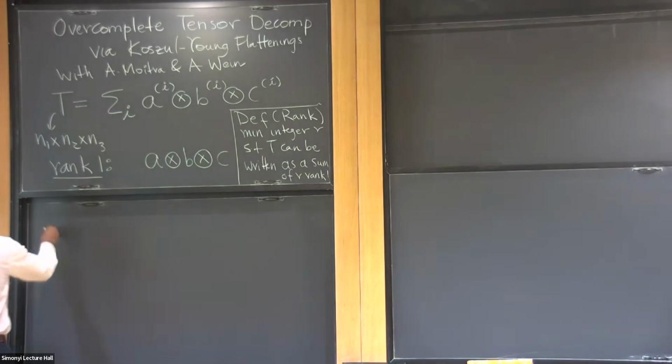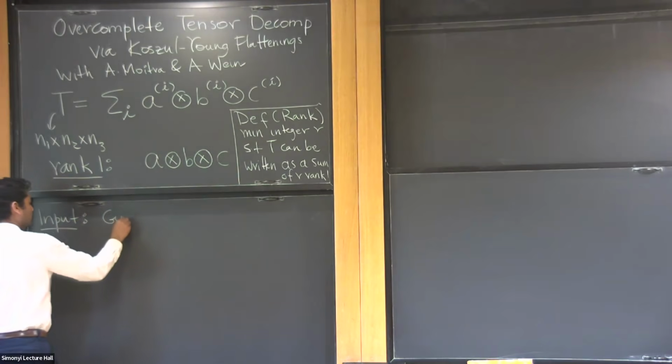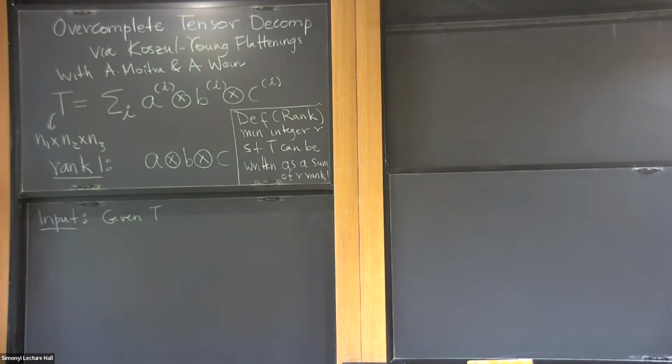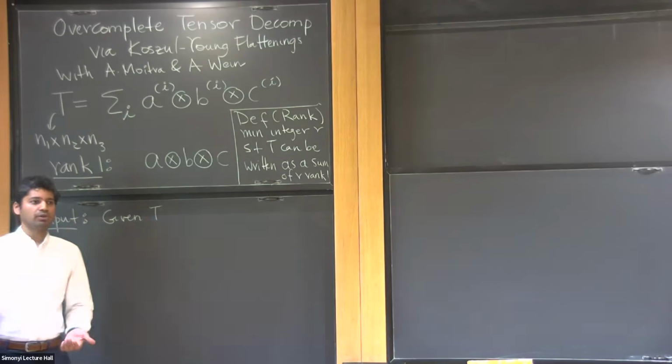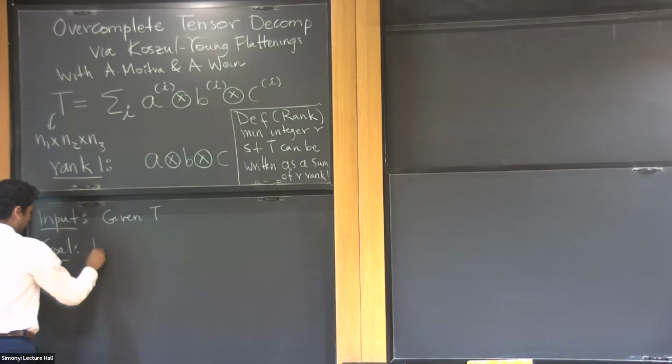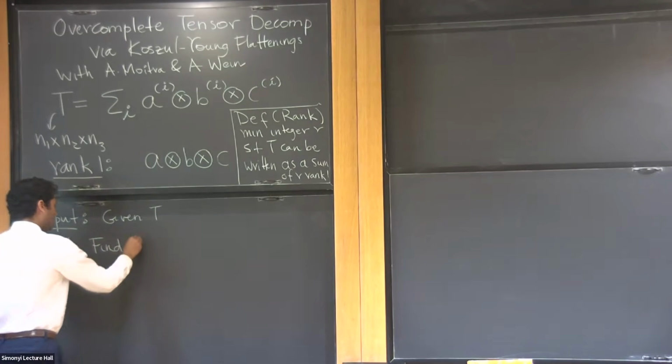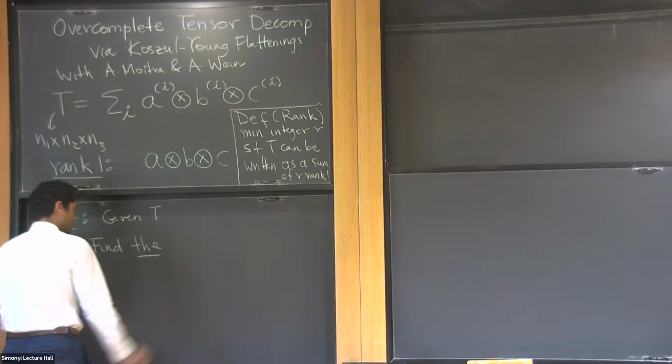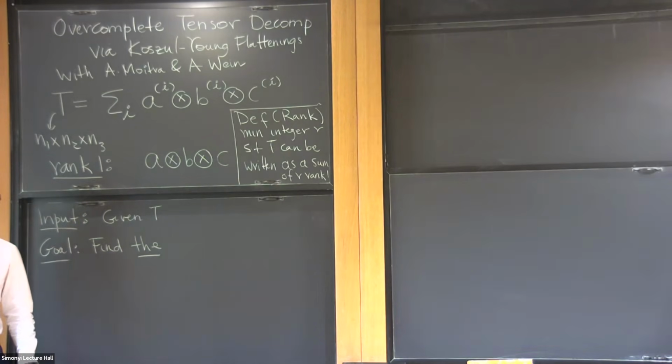Okay. So the algorithmic problem that I'm going to care about today is: you're given an n1 by n2 by n3 tensor T, meaning you're given basically a value for each possible triple ijk. And your goal is to find a rank decomposition. So I'm going to write this here and then you should be suspicious of what I'm asking for, but I'll come back and explain what I mean.